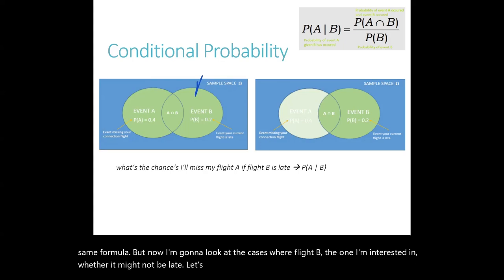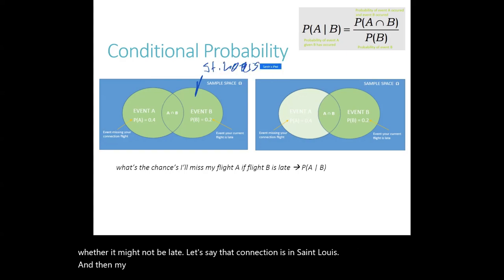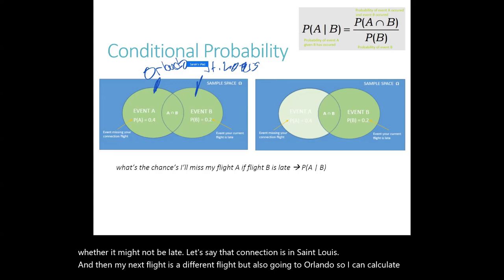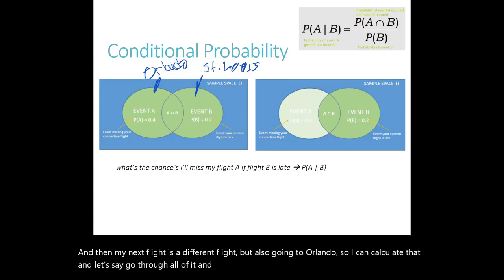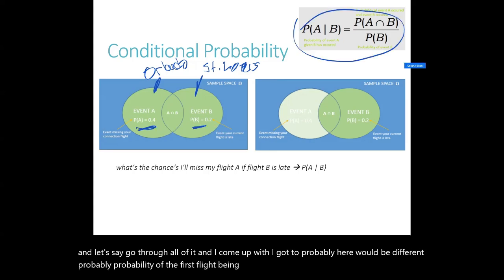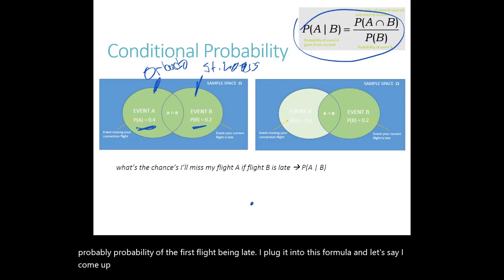Let's say that connection is in St. Louis, and then my next flight is a different flight, but also going to Orlando. So I can calculate that, and let's say I go through all of it and I get the probability of the first flight being late, which would probably be different. I plug it into this formula, and let's say I come up with 0.1.